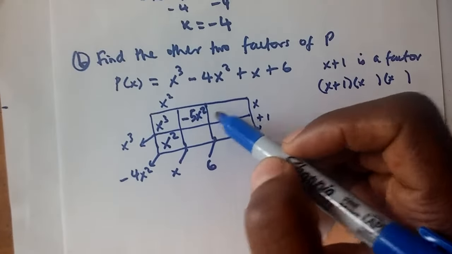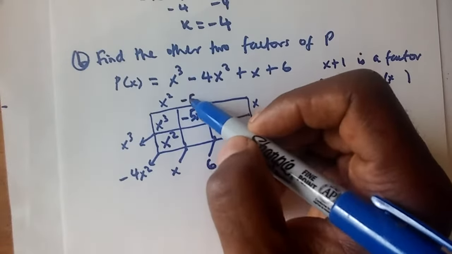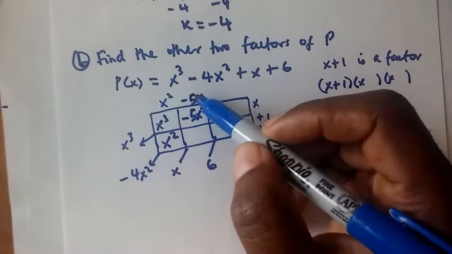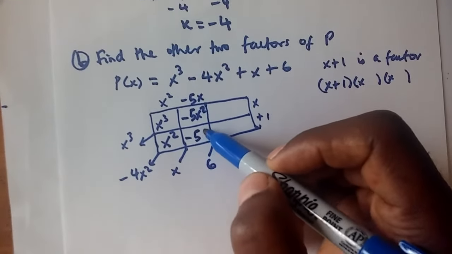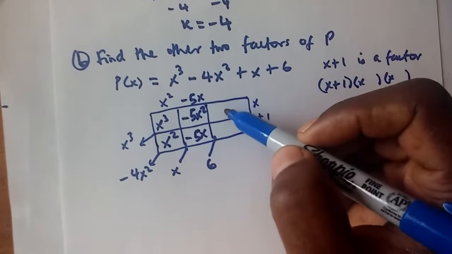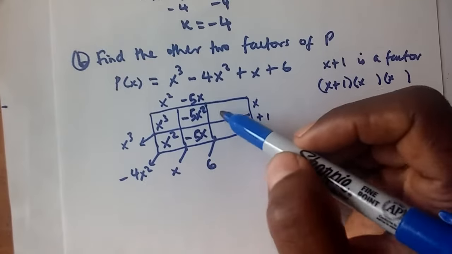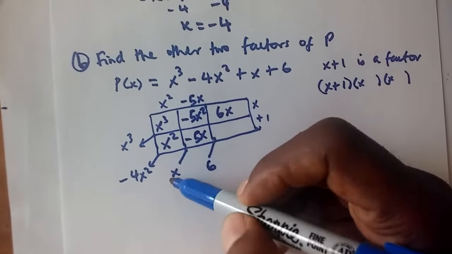So negative 5x squared divided by x is negative 5x. And then I can multiply negative 5x times 1 is negative 5x. And now I need something to add to negative 5x to get x. Obviously, it has to be 6x. 6x plus negative 5x is x.